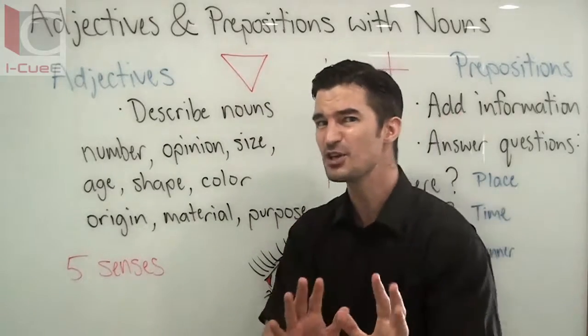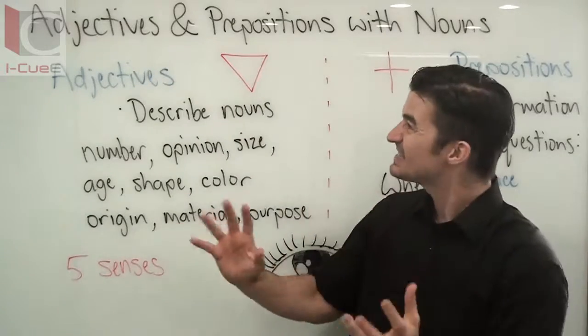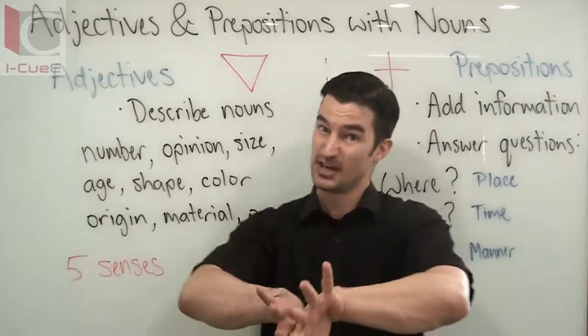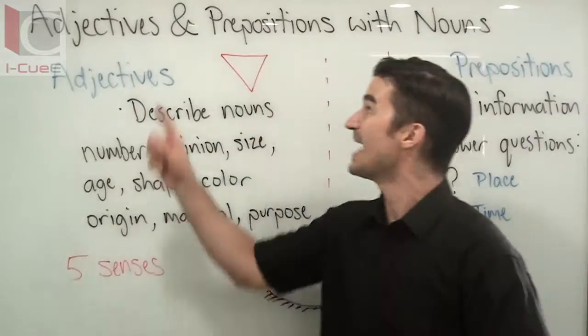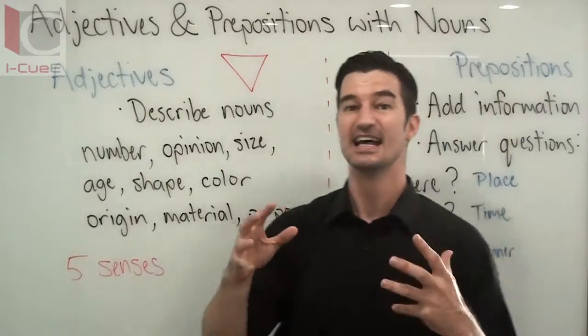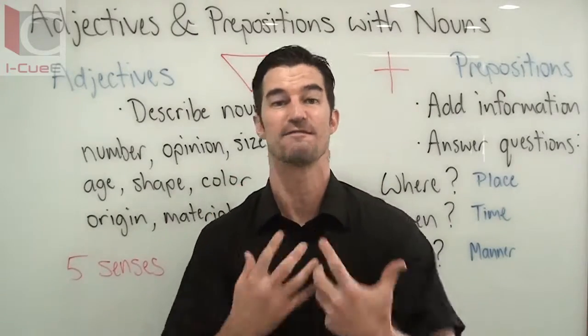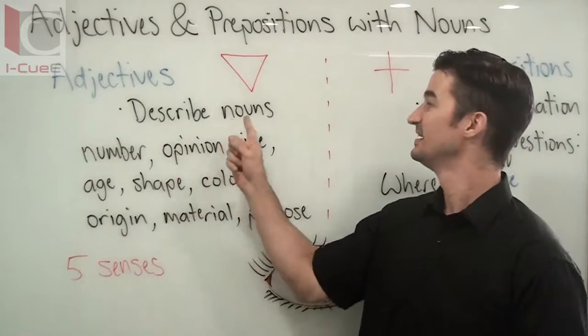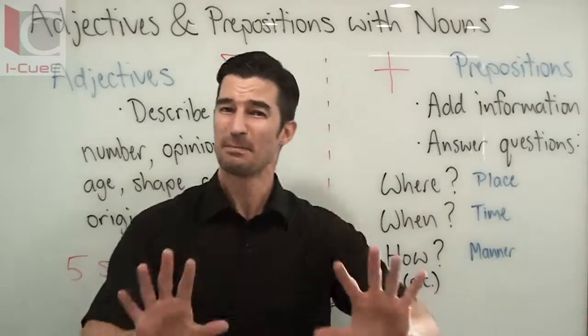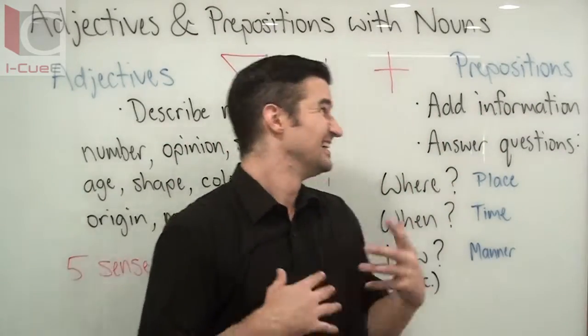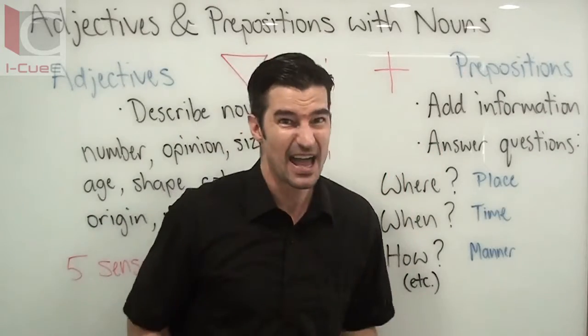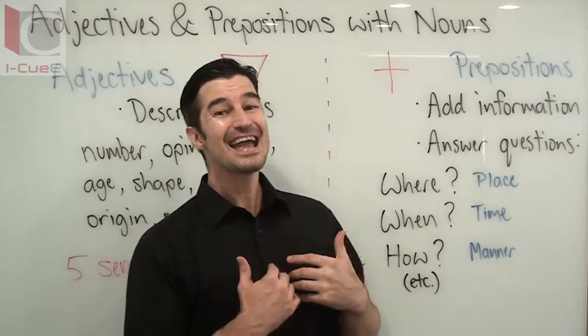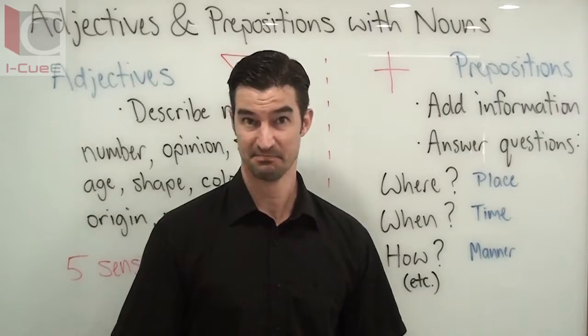But it's important that you know the easiest way to differentiate, or again, tell the difference between adjectives and prepositions is their purpose or their function. And adjectives describe nouns. Prepositions, on the other hand, they don't really describe nouns, rather they answer questions.